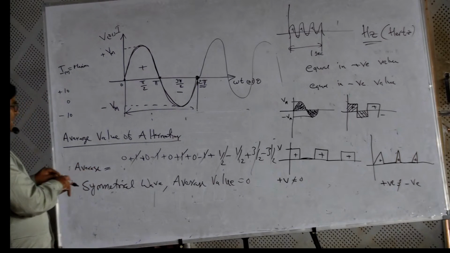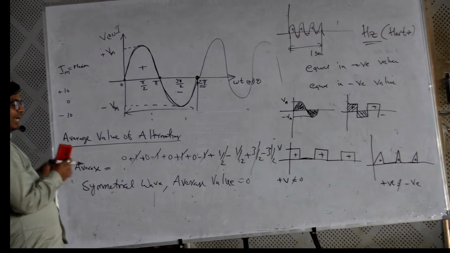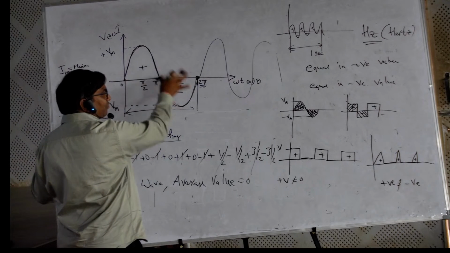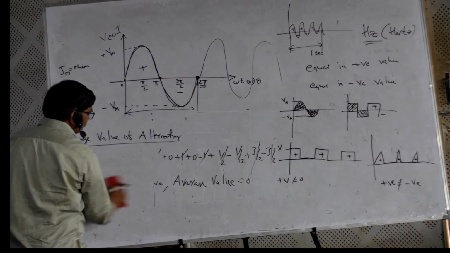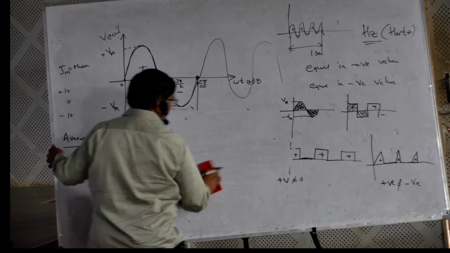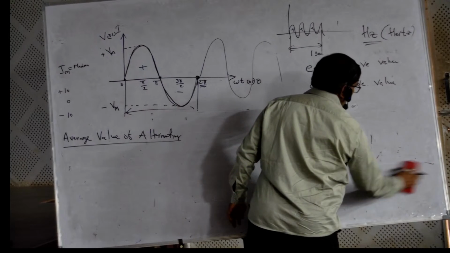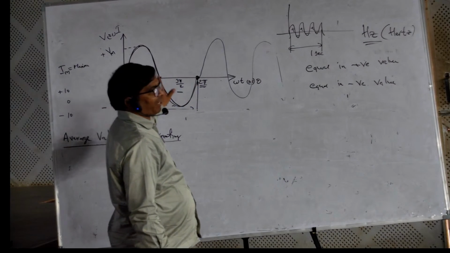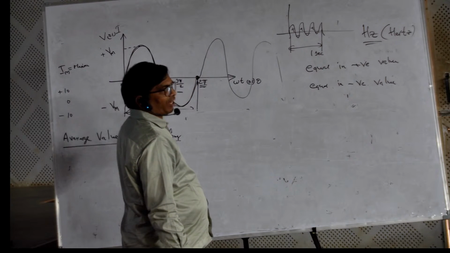Okay, so in order to avoid this difficulty, what we have to do, instead of finding the average value for the total cycle, is take only the half cycle. Half cycle means instead of taking 2 pi, you take pi.